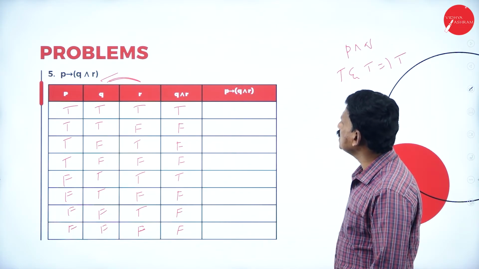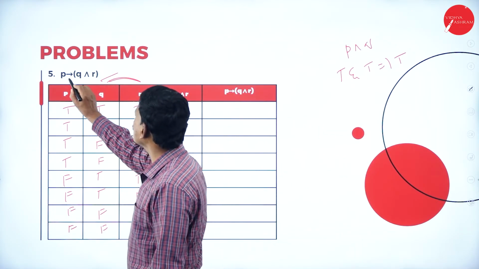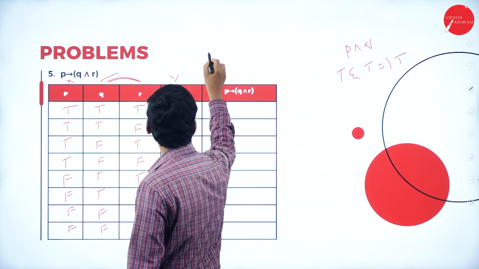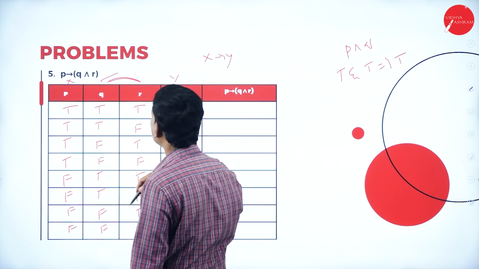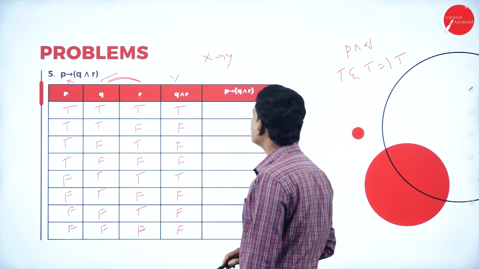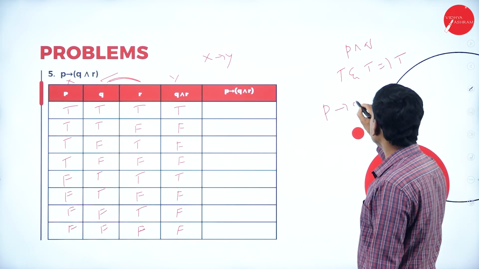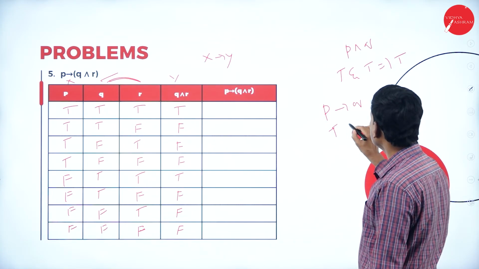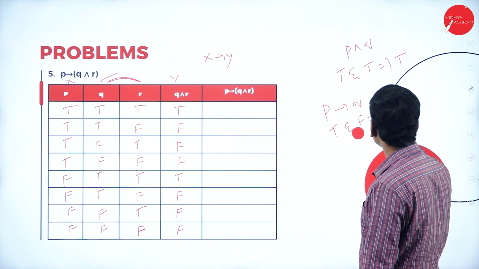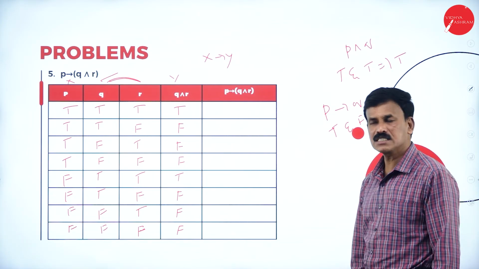Now next, the conditional statement for P and Q conjunction R. Let us call these X and Y, the conditional for X and Y. What is the conditional statement? In case of true and false it is false; in other cases it is true.